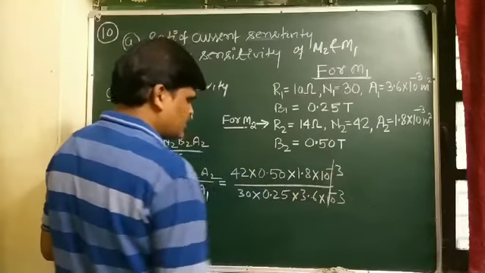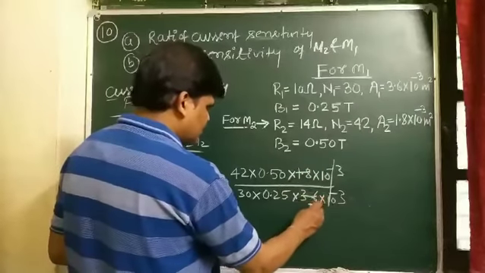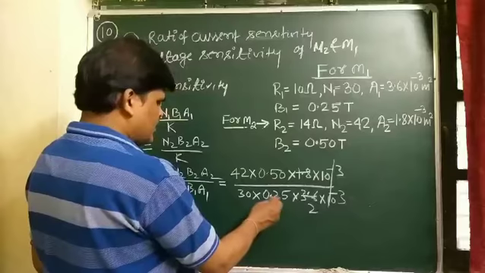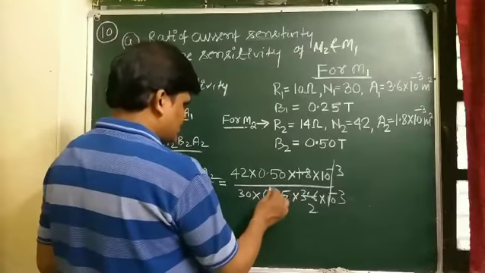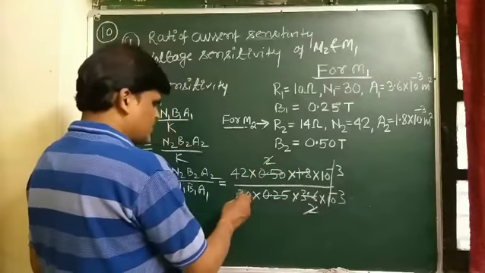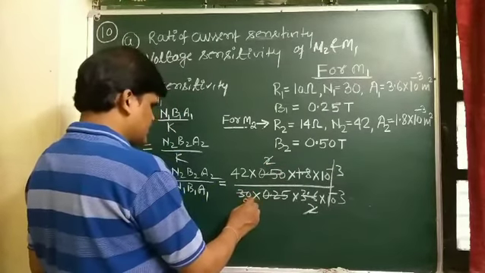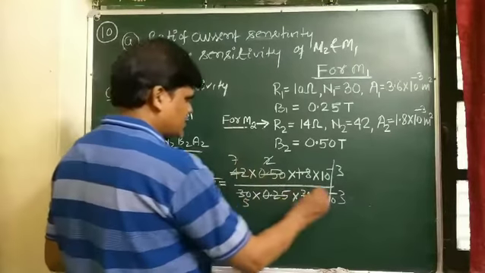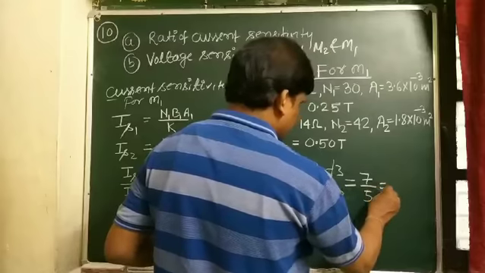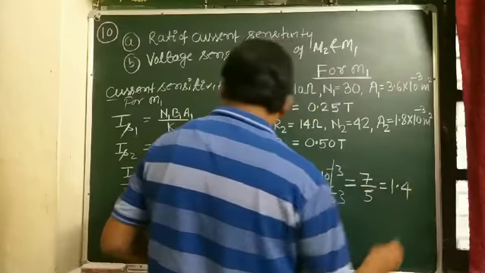Now student, this cancels out. 18 twos are 36, the point also cancels out, and this 2 cancels out. Six fives are 30, six sevens are 42, so this is 7 by 5, and 5 ones are 5, 5 fours are 20, that is 1.4.